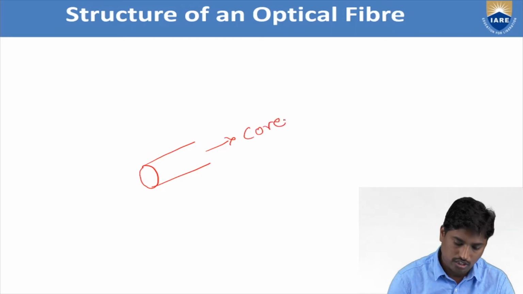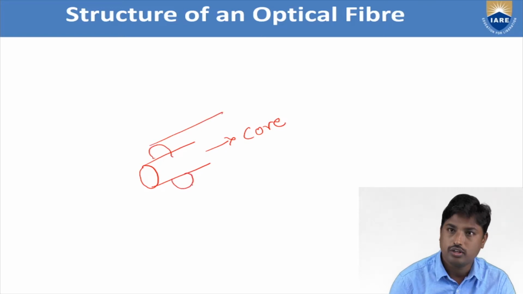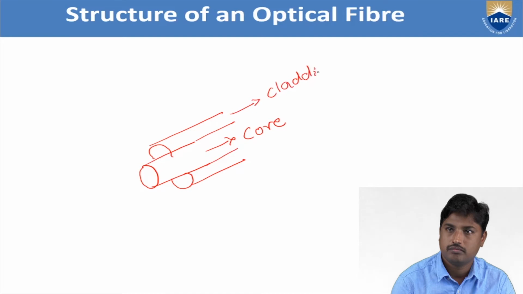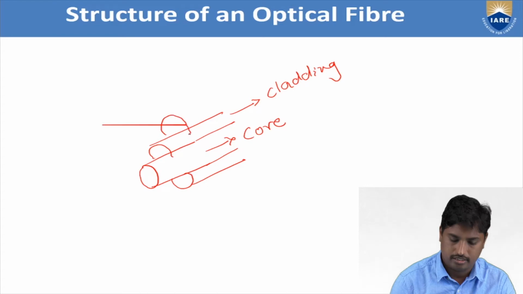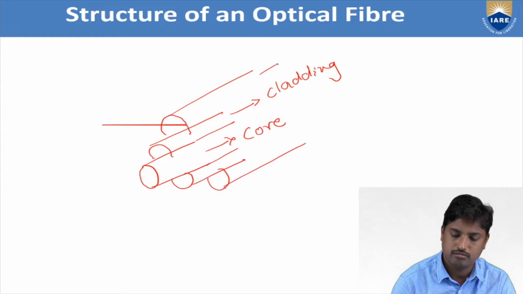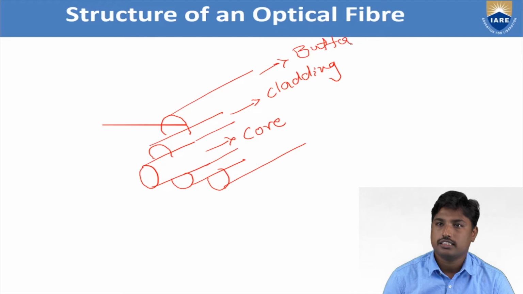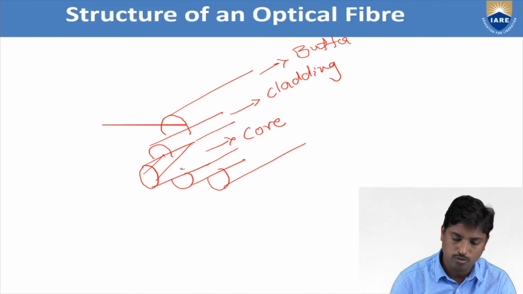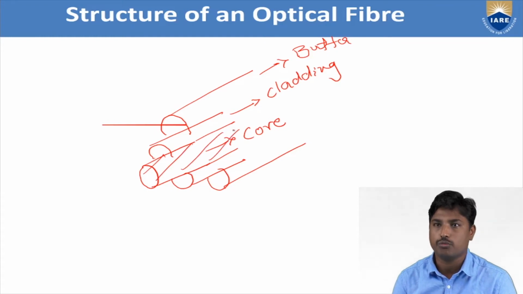The core is surrounded by the cladding, and the cladding is surrounded by a protective layer, called the buffer. So there are three sections in the main construction of the optical fiber. One is the core material. Total data is transmitted through the core material only.